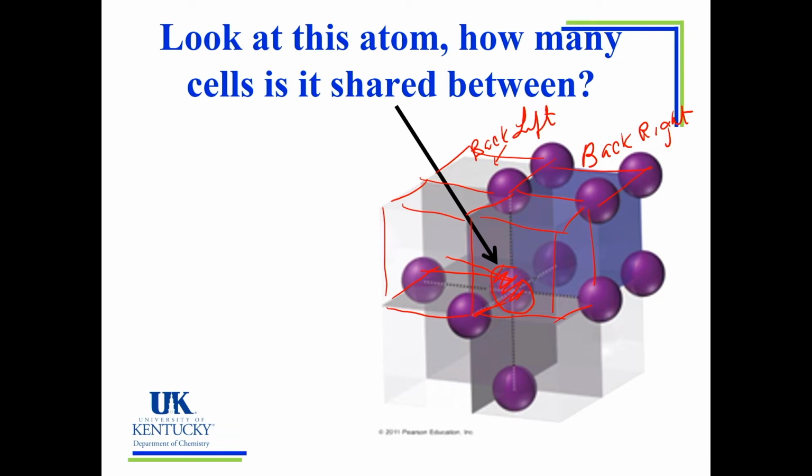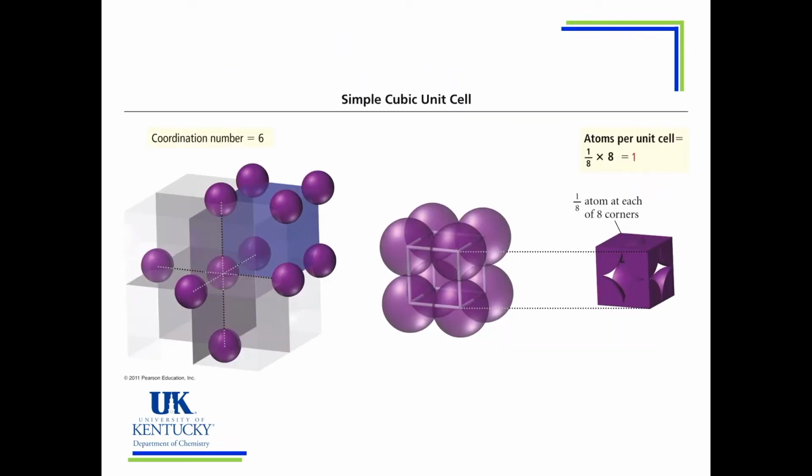And if we have 4 on top, there's also 4 on bottom. So it's being shared between those. So what we have there is it being shared by 8. Now, keep in mind, if this little atom right here is being shared by 8, it is only 1/8 in the unit cell.